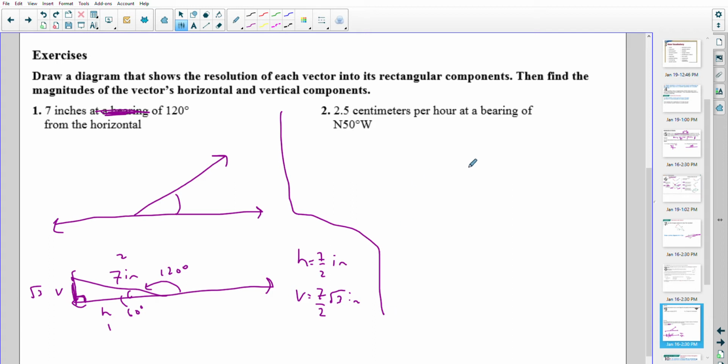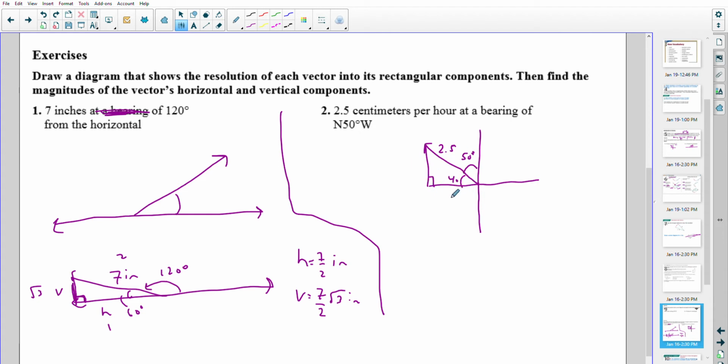Similarly, you could look at this one. Now it has a bearing of northwest, meaning it's got to go this way, and off the north end 50 degrees. And the question is, if this is 2.5, what are the vertical and horizontal vectors, which means this is 40. Now I'm always going to the horizontal axis. That's really important to do when you're making these drawings.